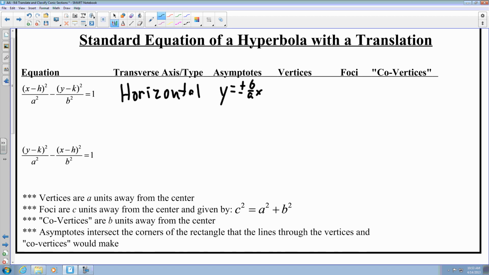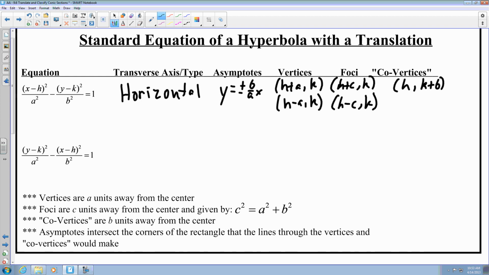And then our vertices will be at h plus a comma k and h minus a comma k. Our foci, which is denoted as c, will be h plus c comma k and h minus c comma k. Our co-vertices, you don't really plot them all that often, but if we do, the locations are at h comma k plus b and h comma k minus b.